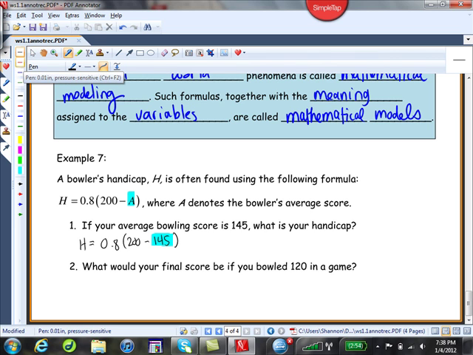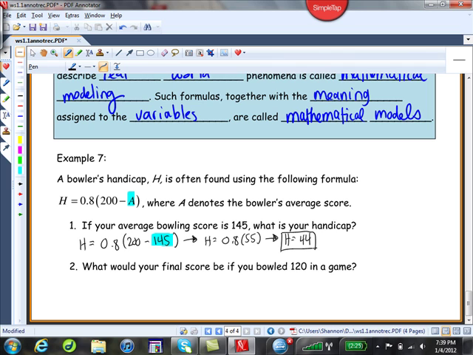So this will be H is equal to 0.8. We need to do the parentheses first. So that'll be times 55. So H will be 44. So the handicap would be 44.